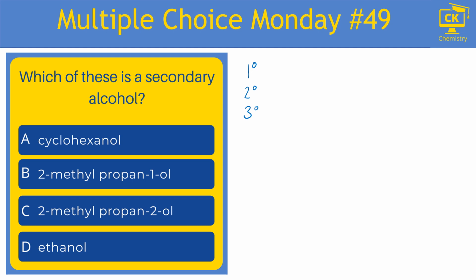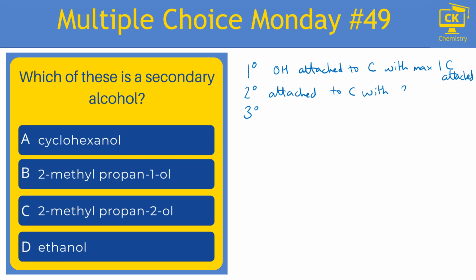Since alcohols all have the OH group, primary means the OH is attached to a carbon with maximum one carbon attached to it, whereas in the secondary the OH is attached to a carbon with two carbons attached to it, and in tertiary it's attached to a carbon with three carbons attached.